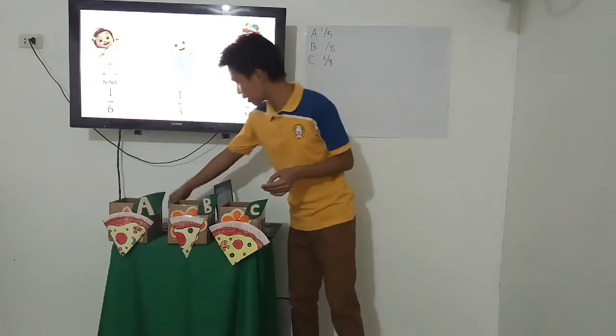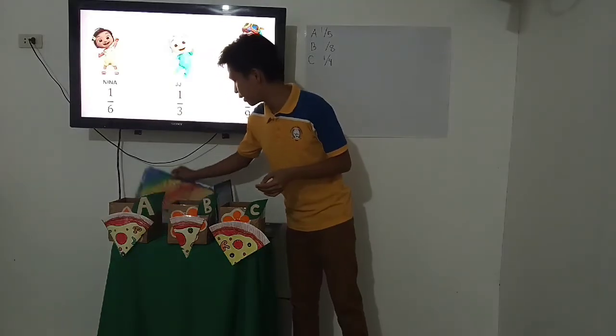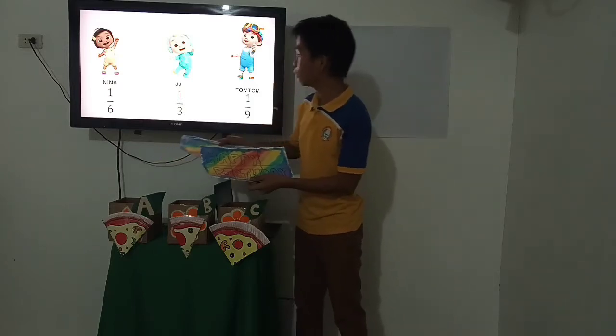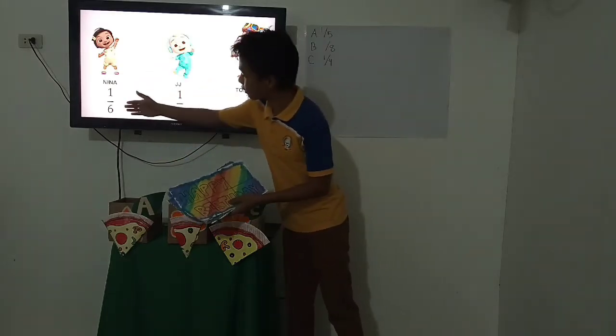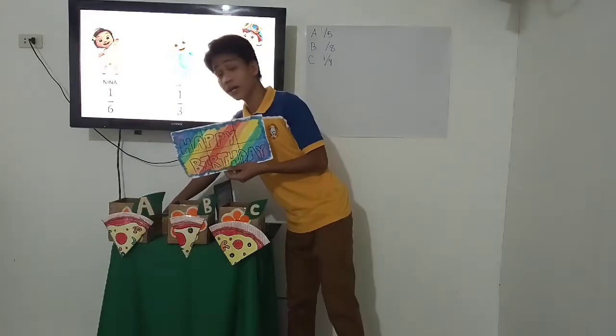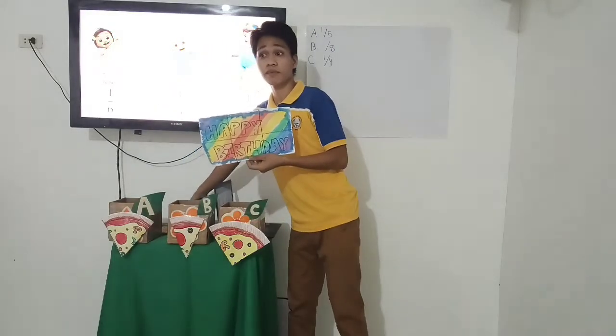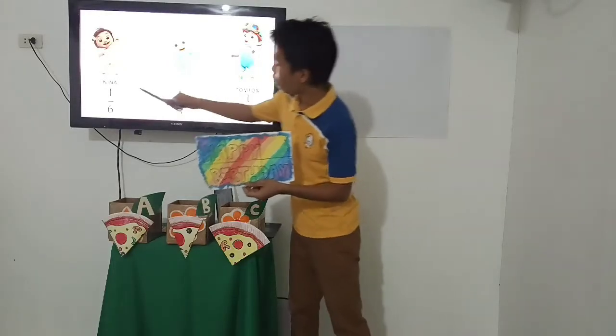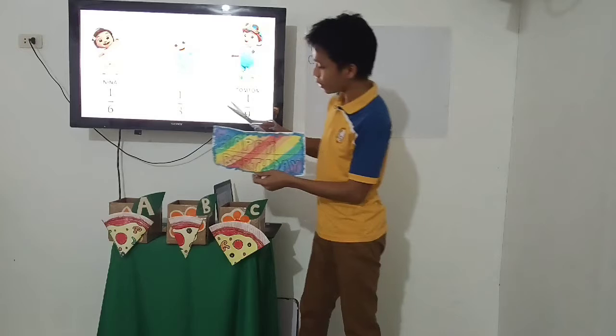We have here another cake cut out. Okay, we have 1/6, meaning we will divide the cake into how many pieces? Six pieces. Okay, so Nina ate 1/6.